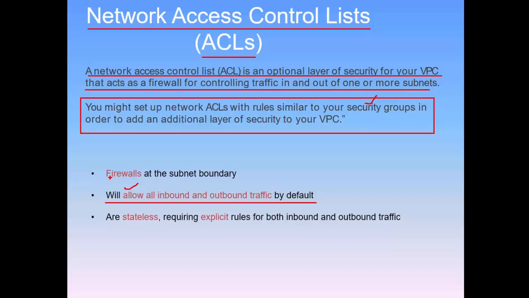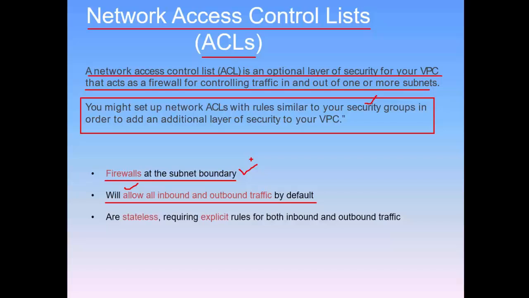Now one more difference that I want to discuss is that it works at the subnet boundary. Listen carefully. Security group works at the instance level, EC2s within the subnet, but the firewall works at the subnet boundary. Means the complete subnet, where there can be multiple EC2s.